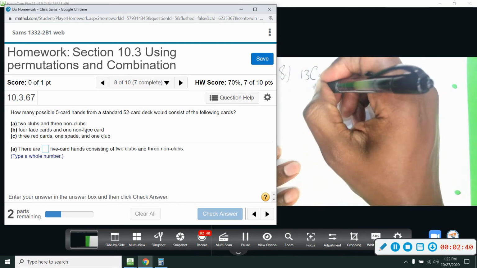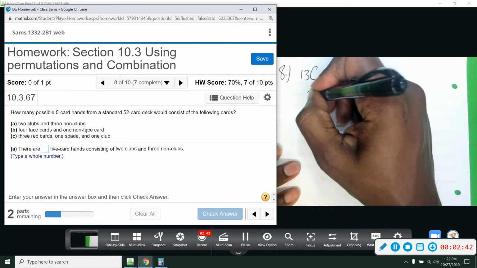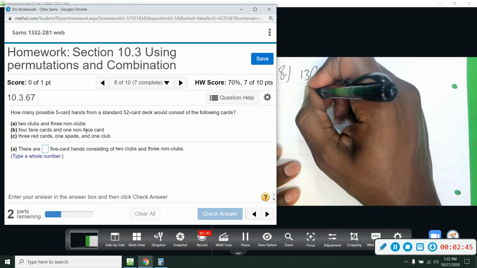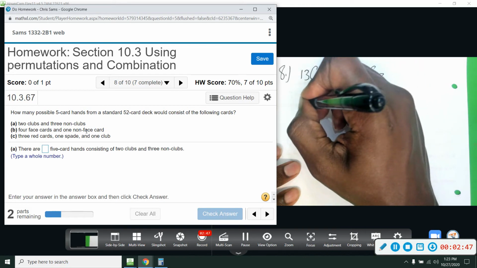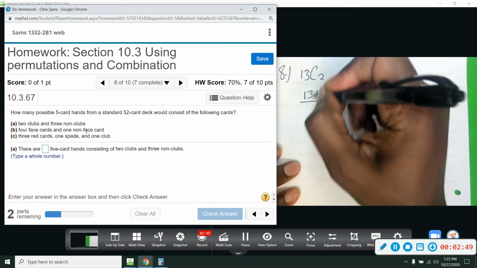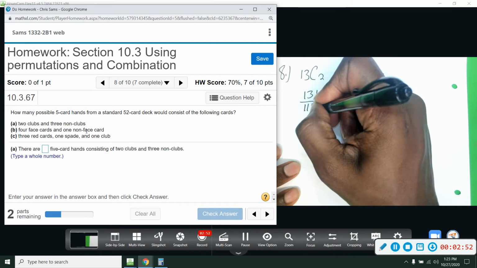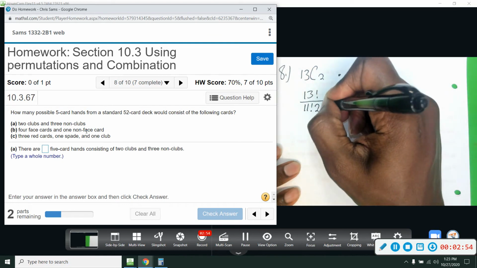So we're going to do 13 factorial over 13 minus 2, which is 11 factorial, times 2 factorial.